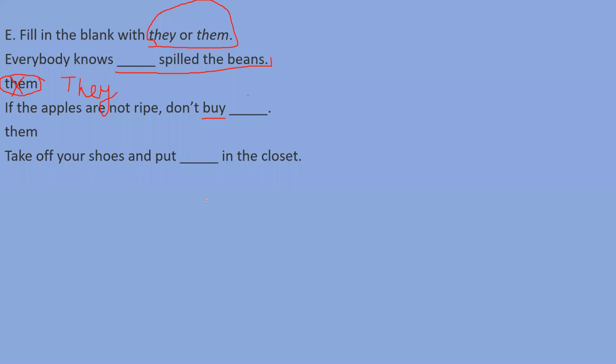Okay, I tell you. Them will come here because put is a verb, and after the verb we need to write an objective case. So I think you must have understood how to write the subjective case pronoun and the objective case pronoun.